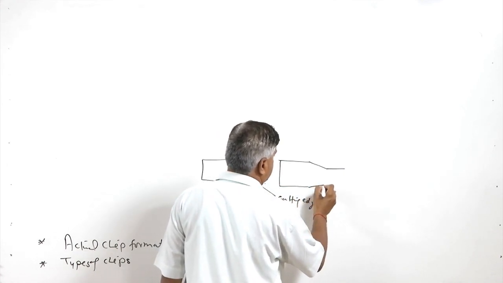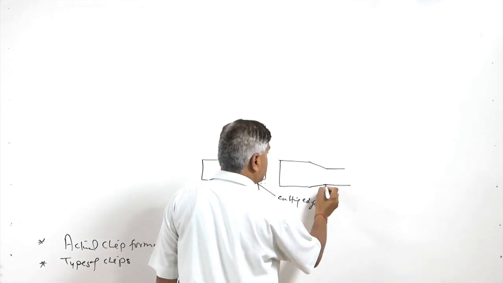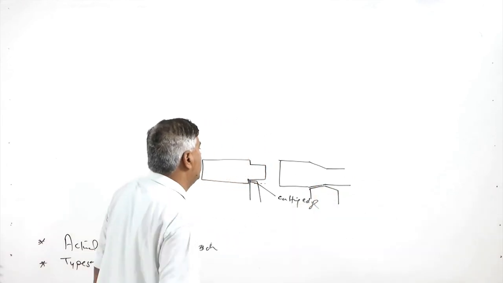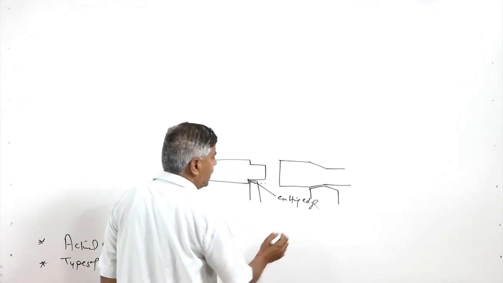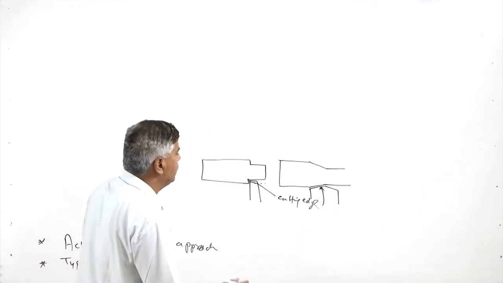what we will notice is that for the same depth of cut, the interaction between the cutting edge and the workpiece will be over a much longer area. So, this is the cutting edge which is interacting with the workpiece.